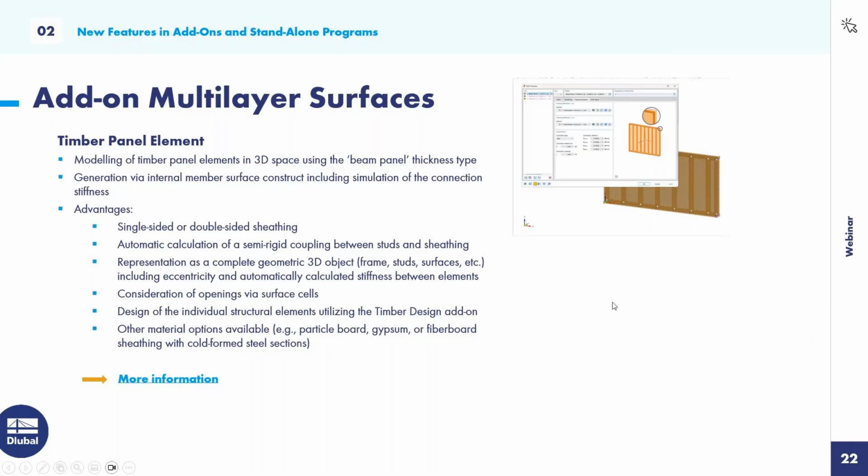The name is beam panel, and you can also use it for other materials such as particle board, gypsum, fireboards, and so on. But usually you would like to use it for timber panel elements.